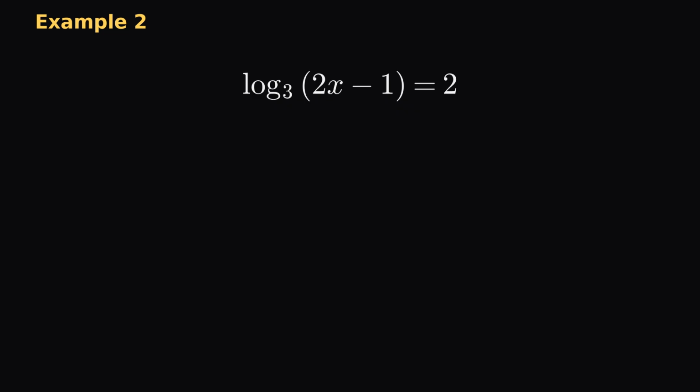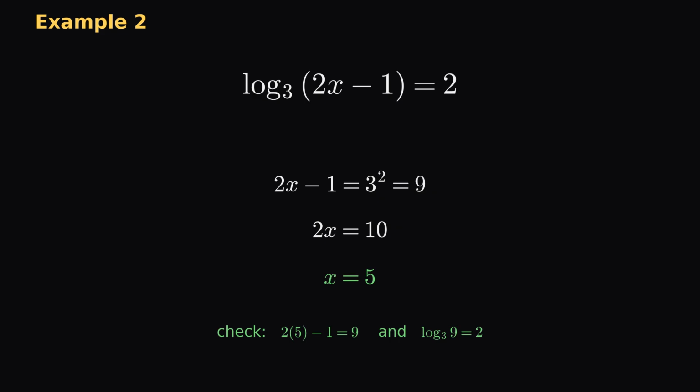Solve log base 3 of (2x minus 1) equals 2. Convert. 2x minus 1 equals 3 squared, which is 9. So 2x is 10, and x is 5. Check it. 2 times 5 minus 1 is 9, and log base 3 of 9 is 2.